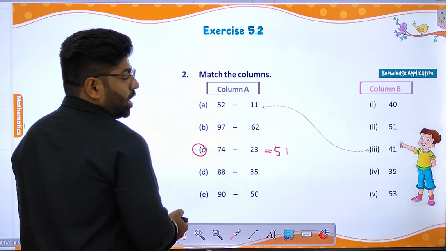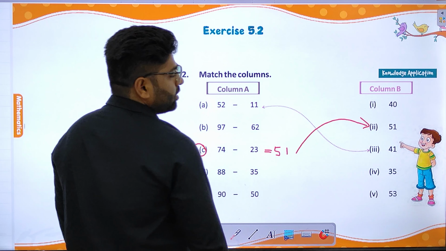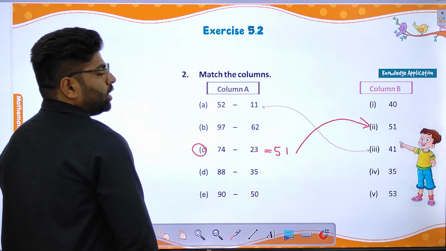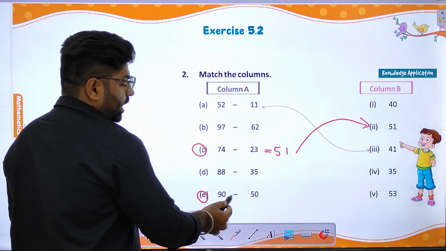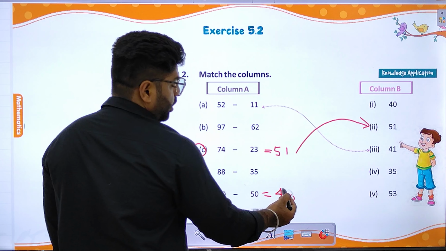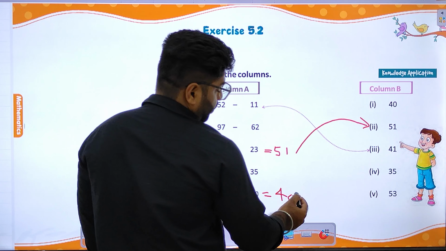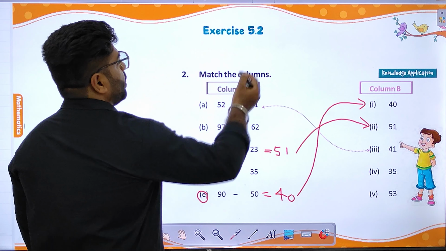This is 51. Have you seen 51 in column B? Yes, this is here. In the same way, let's pick question number E, that is 90 minus 50. If we subtract these two numbers, we are having 40. And have you seen 40 in column B? Yes, this is here, the first part.